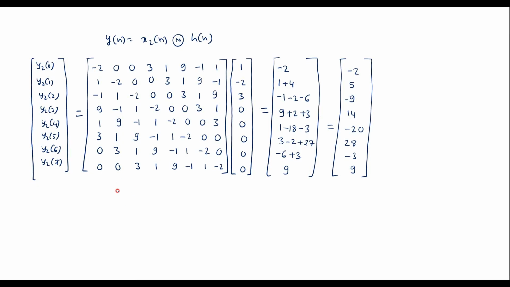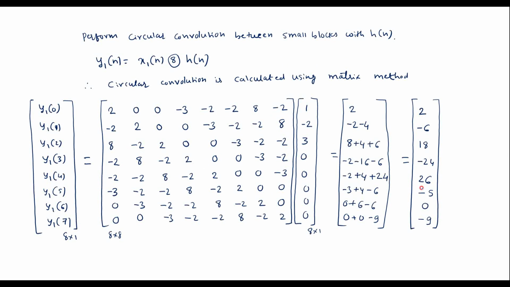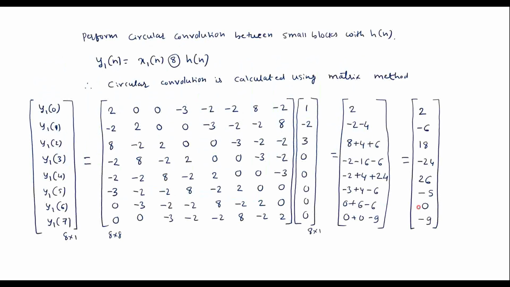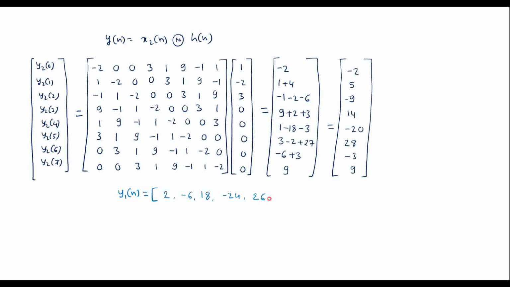So now I will write here y1 of n sequence: 2, minus 6, 18, minus 24, 26, minus 5, 0, minus 9.